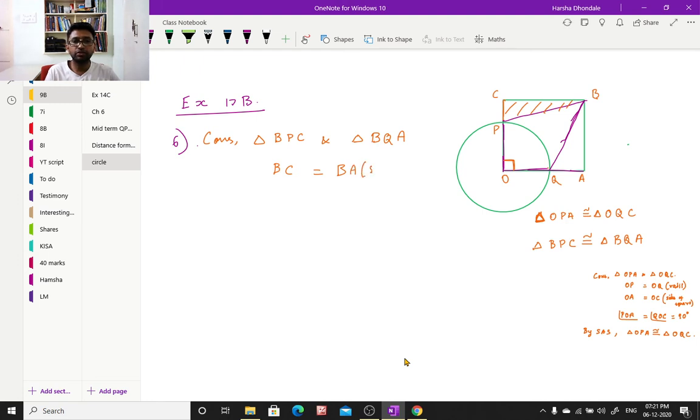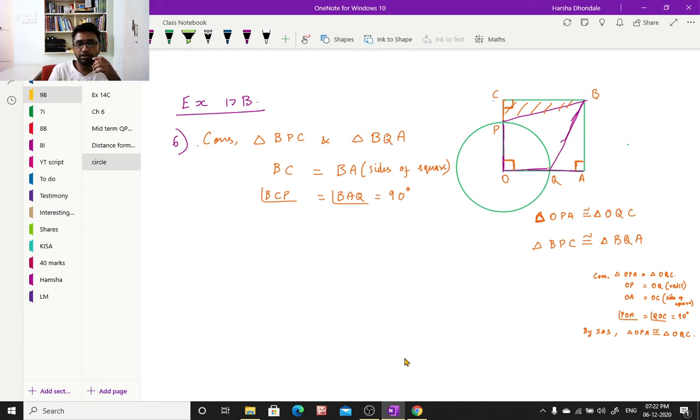They are the sides of the square, so they will be equal. This is done. Next, I can show that this angle is equal to this angle because they are angles of a square. Angle BCP is equal to angle BAQ equals 90 degrees.